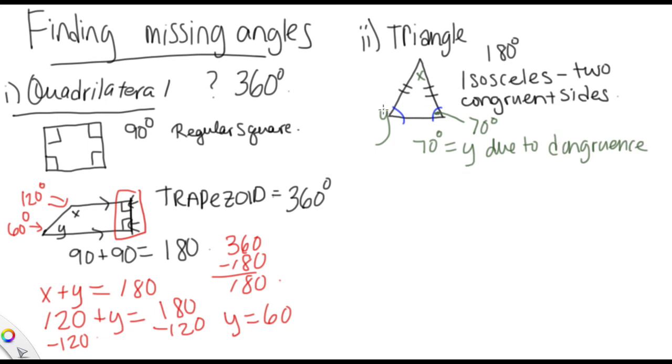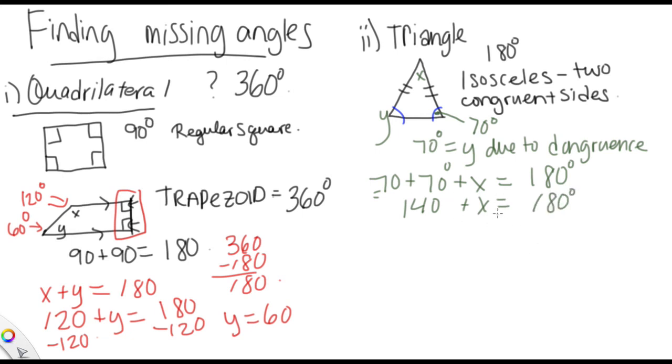So now I have two angles. I know one is 70, and I know y is 70, and I know adding x is going to give me 180. So this becomes 140 plus x equals 180.